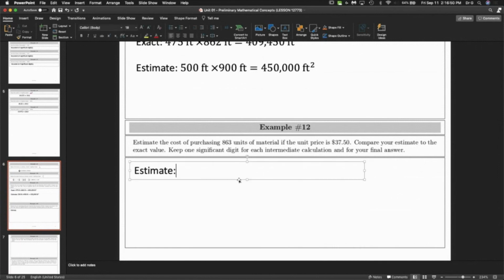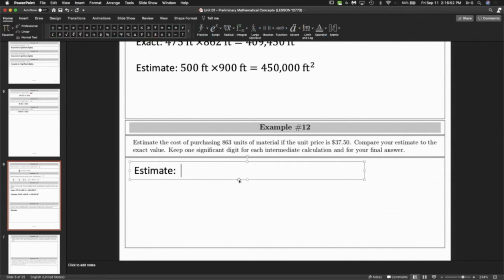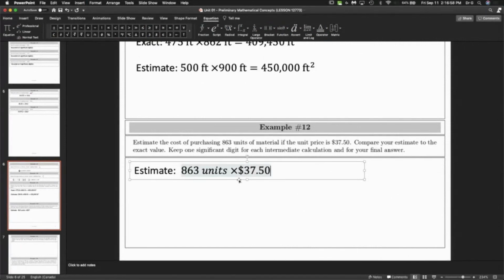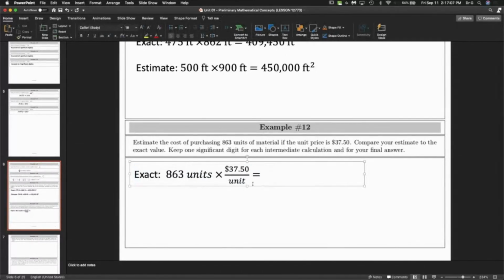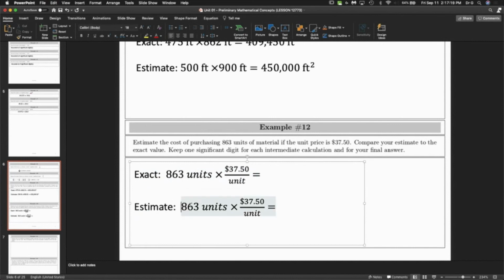So a quick estimate is 863 units by $37.50 per unit. That's the exact. And the estimate would be 900.